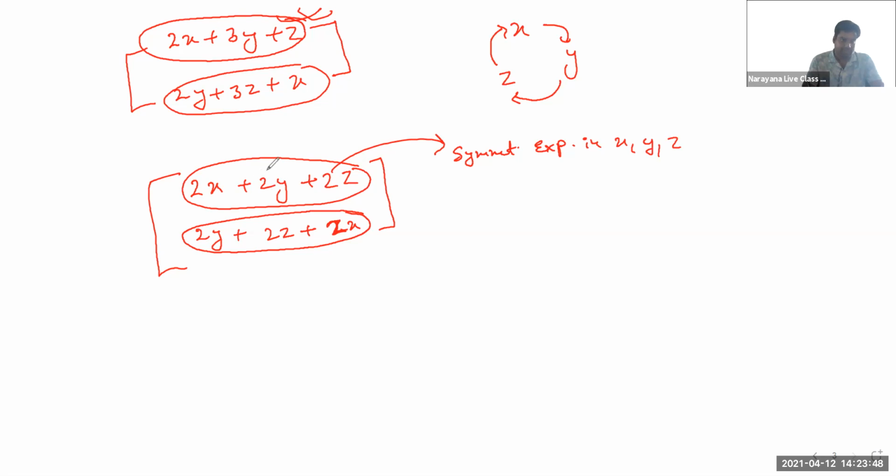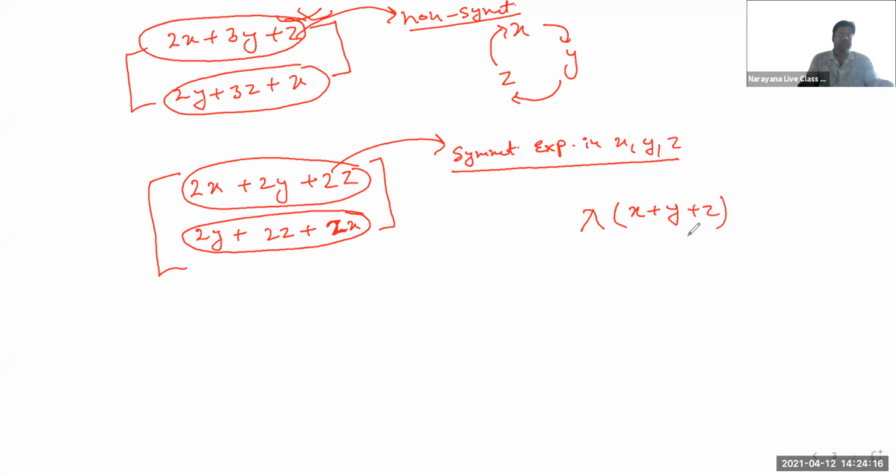So this expression is a linear expression in x, y, z, and this linear expression is symmetric in the variables x, y, z. But the other one is non-symmetric. Anything, if you have to find a linear expression symmetric in x, y, z, you can write lambda times of x plus y plus z.